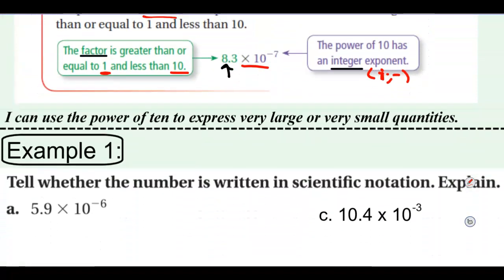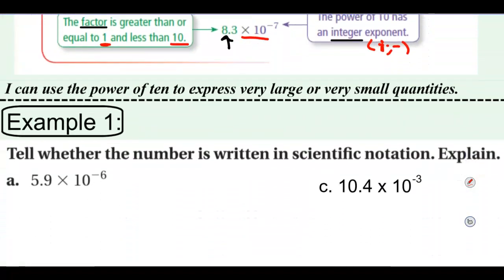So let's go to our first little check-in here. Let's tell whether the number is in scientific notation and explain. The first thing I'm going to do is look at the factor. Is this between 1 and 10? My answer is yes, so that part's correct. Are we multiplying by 10? Yes, so that's correct. And then is this exponent either a positive or negative whole number, meaning integer?